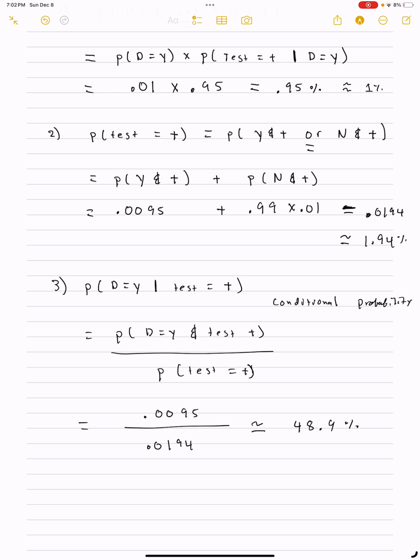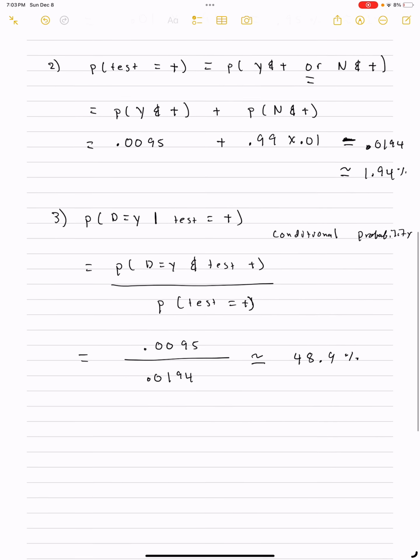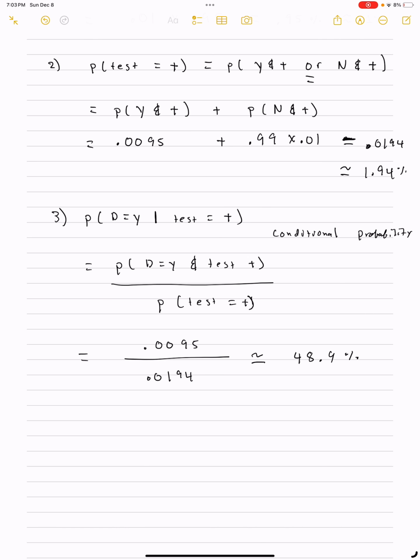And that's pretty concerning. This says if you test positive for the disease, the probability you actually have the disease is just about a coin flip, 49%. Okay. I'll just comment that this third probability is a conditional probability. It's also an example of Bayes' theorem.